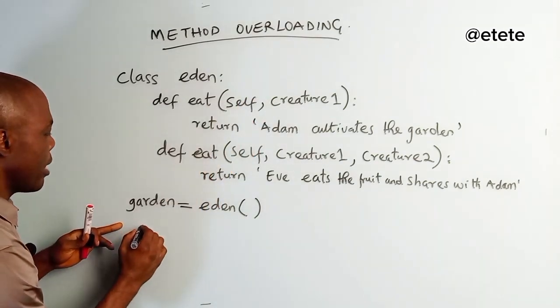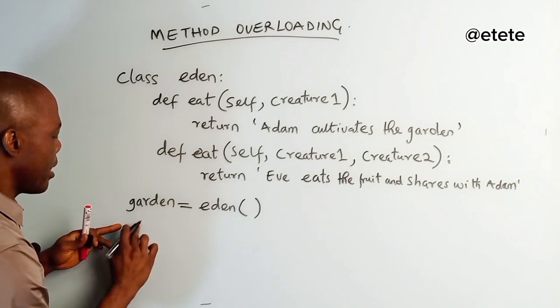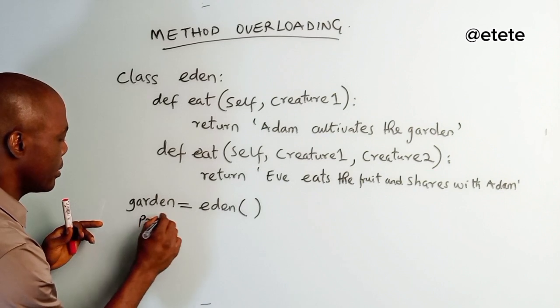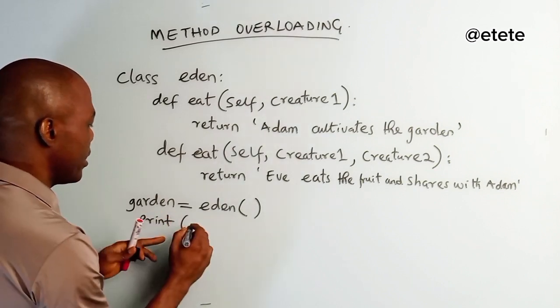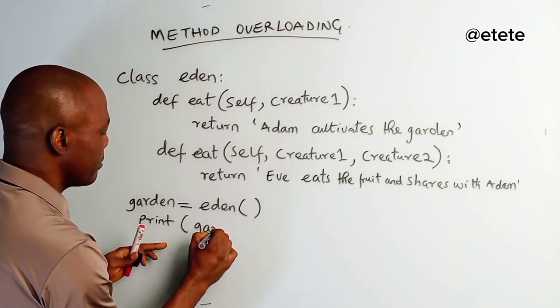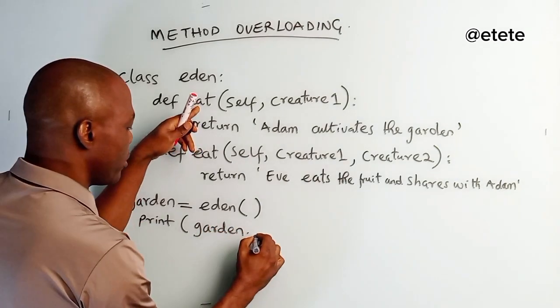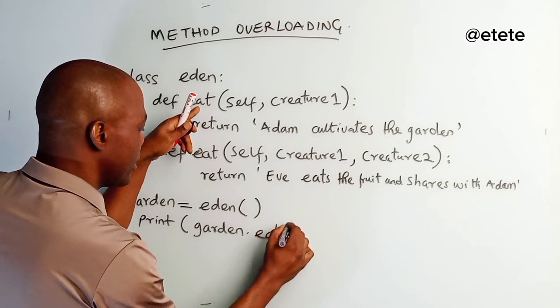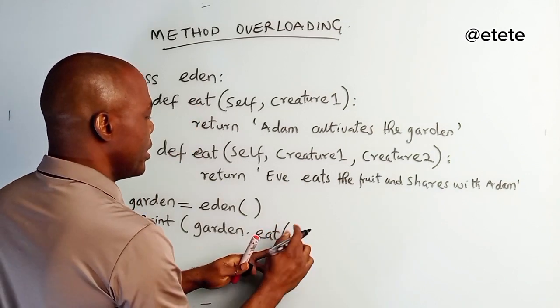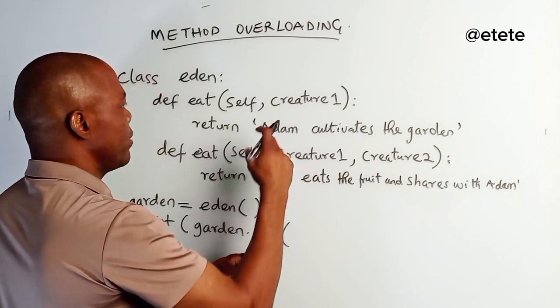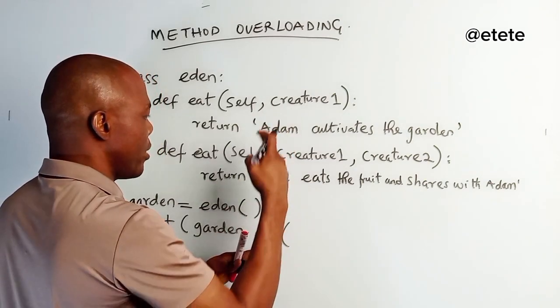So in this place now, we can now say print, right? And then we say garden dot, we are calling this method it, and then in this one, we will supply, if we do it the other way around, it will throw us an error before.